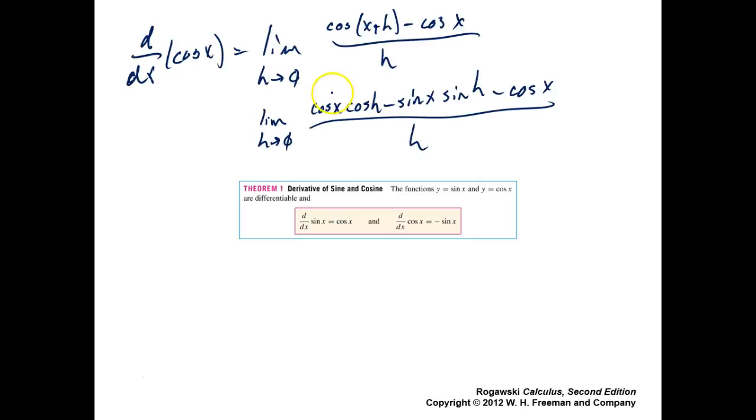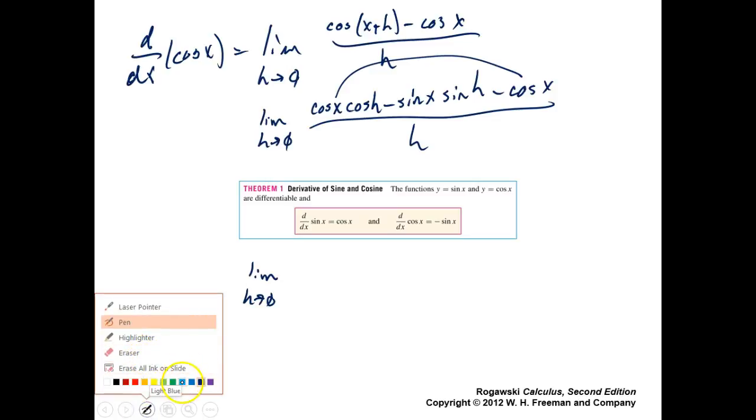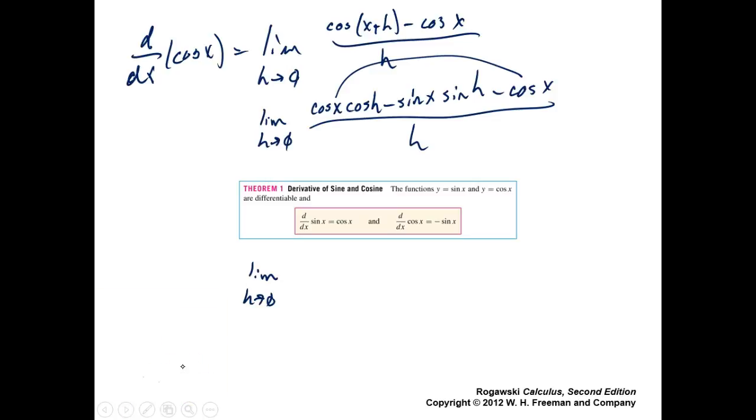Now again, we're going to piece together these two and leave that one separate. That's going to be the limit as h approaches 0. And you want the same two colors again? Sure. Which one you want to be blue? How about the cosine? The cosines, okay. Let's take out the cosine x from there.